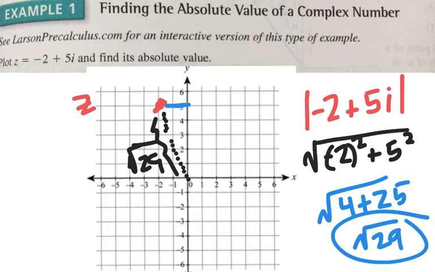You have a right triangle, where this value is the x value. This value is your y value, or your imaginary part. And you could just say this squared plus this squared, then take a square root to find that distance. The distance formula just comes from the Pythagorean theorem.